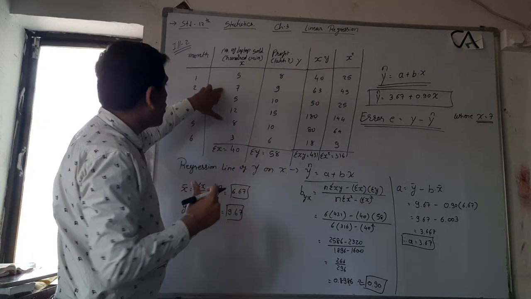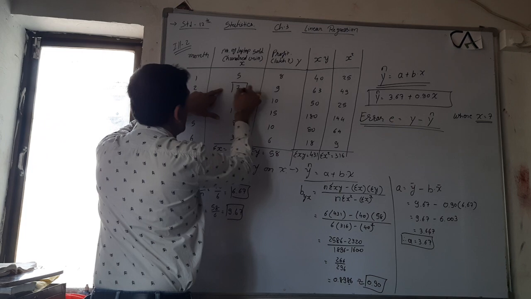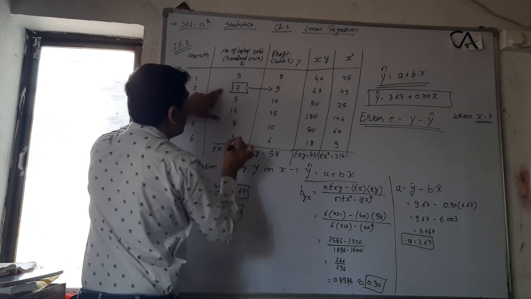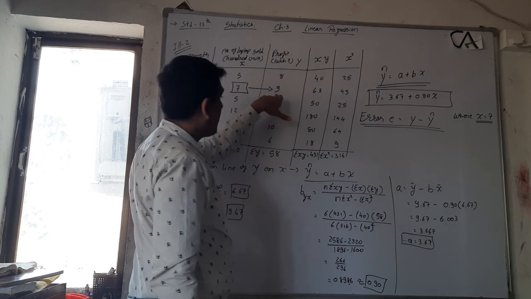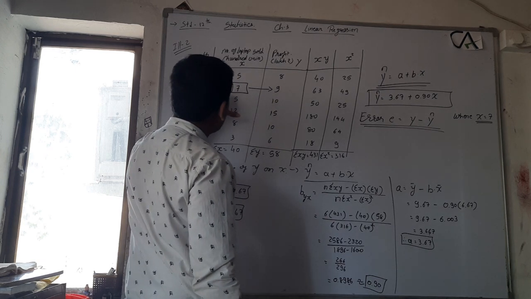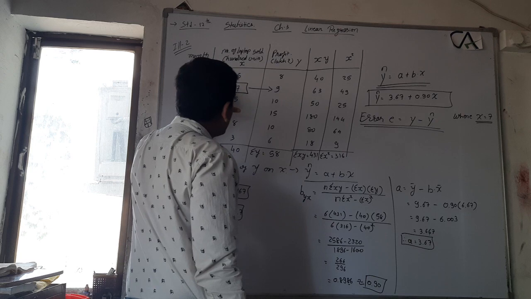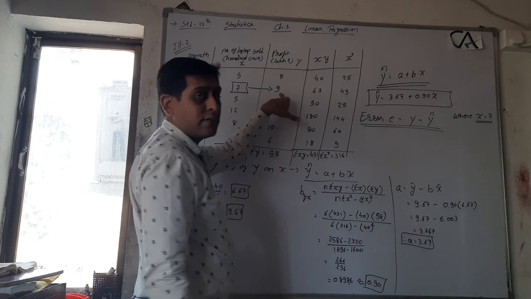See here in the question, x is equal to 7. The y's value is 9. That means if x is equal to 7, question says that y value is 9.